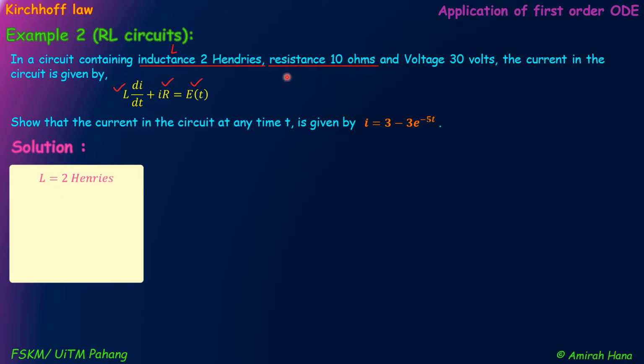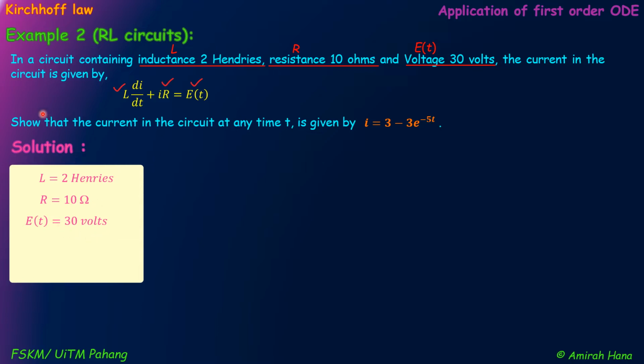Then resistance 10 ohms. This is R, so R = 10 ohms. This is the symbol for ohms. Then we have voltage 30 volts. This is E(t), so E(t) = 30 volts.